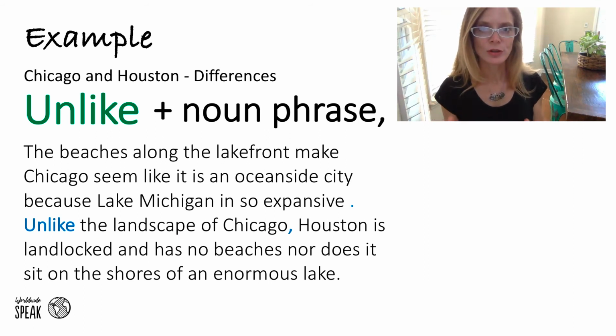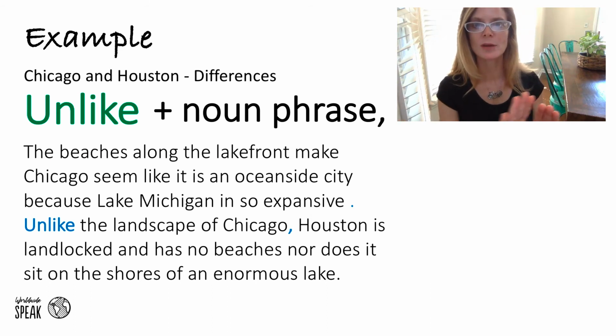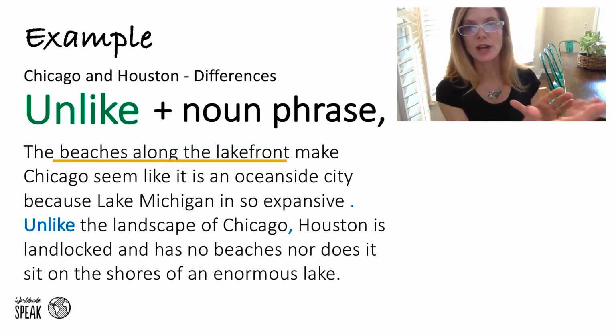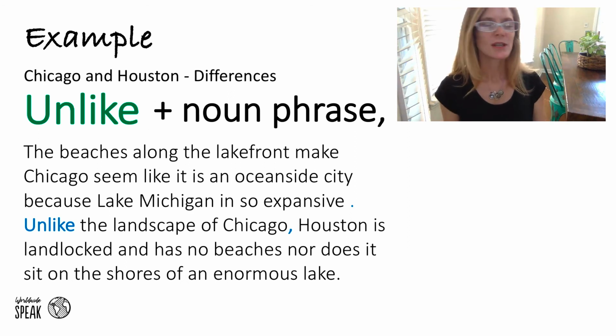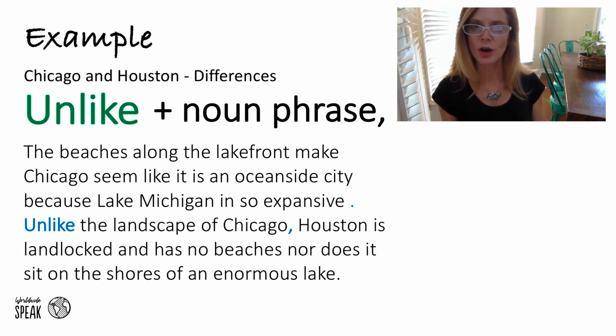Let's look more closely at this example. We begin with Chicago, and what are we talking about? We're talking about the scenery, the environment, the landscape. Chicago has a beautiful coast along Lake Michigan, and I want to show how Houston doesn't look like that at all.